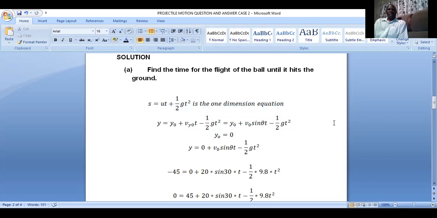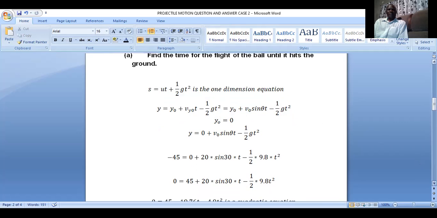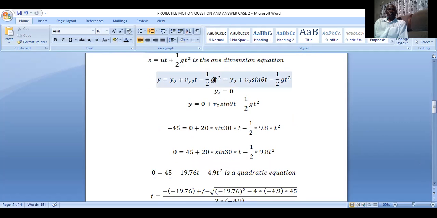And so when you are calculating the time in two dimensions, we use the equation for displacement in the y plane, which is y is equal to y initial plus the y component times time minus half times acceleration due to gravity g, times t squared. The minus here indicates that the ball is moving against gravity. It's moving up.